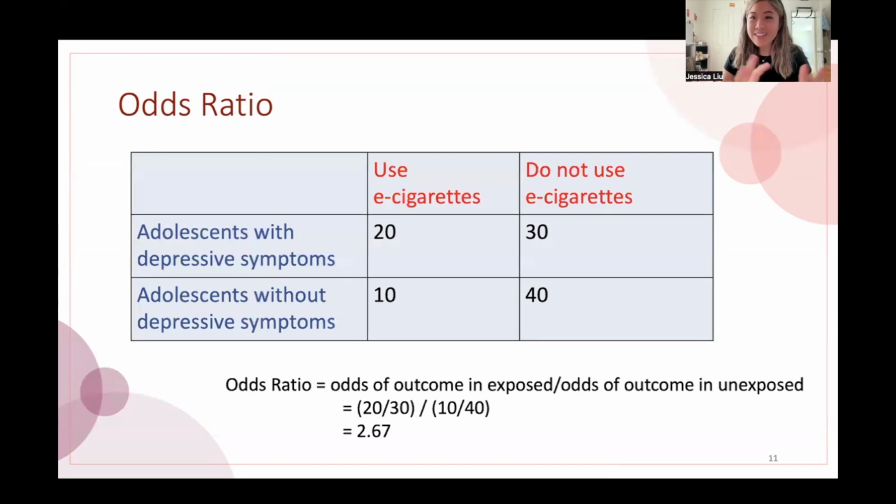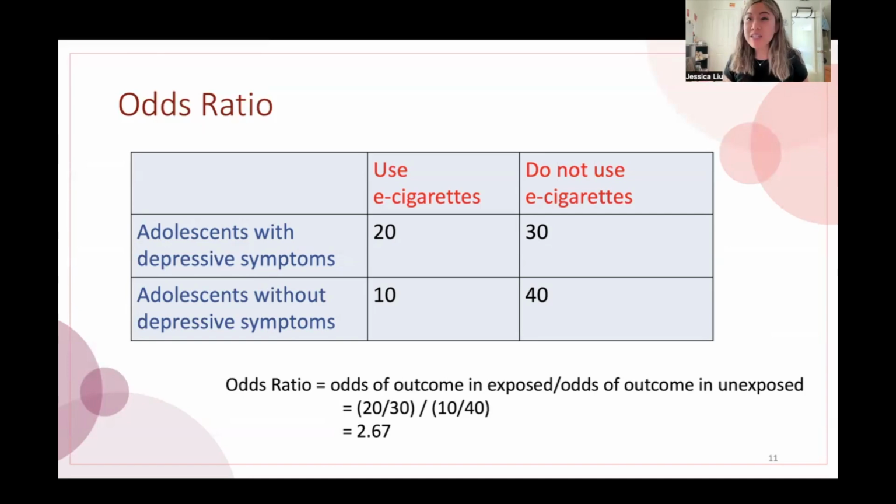I'm not going to get into 2x2 tables. That can be a whole course for epidemiology. But just for the purposes of this, again, made up numbers, I took our 100 adolescents and assigned them to different squares in this 2x2 table. So they're either adolescents with or without depressive symptoms and either use or do not use e-cigarettes.